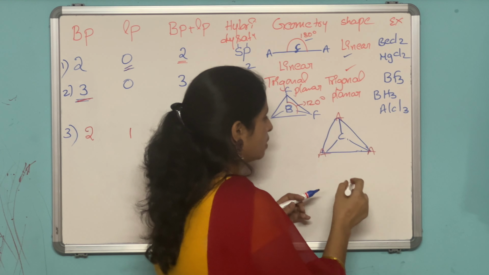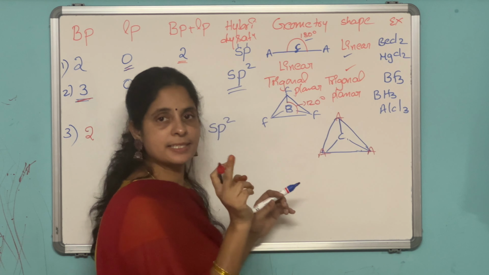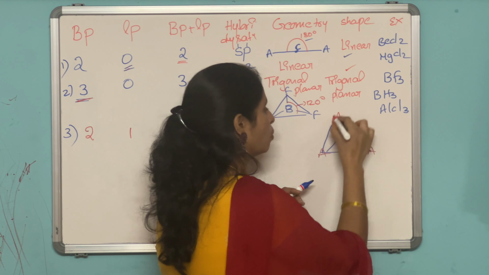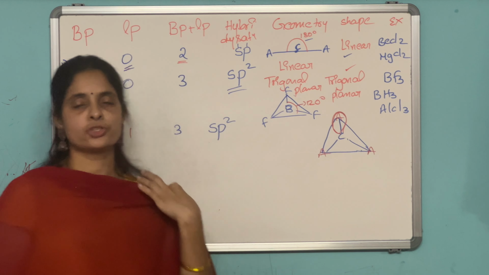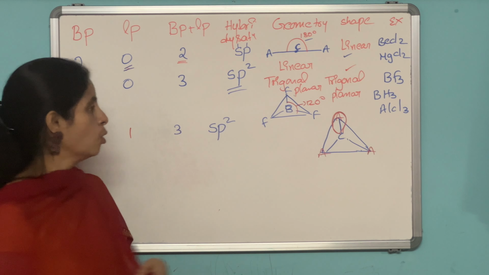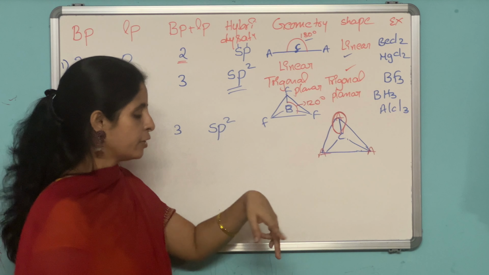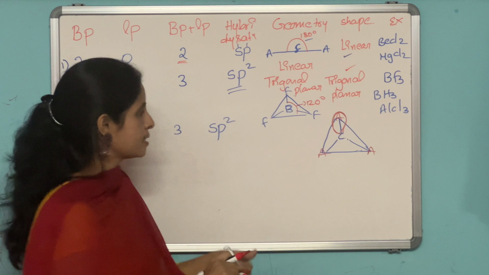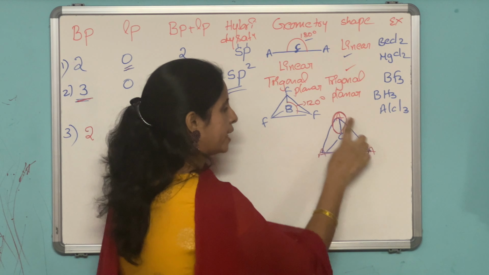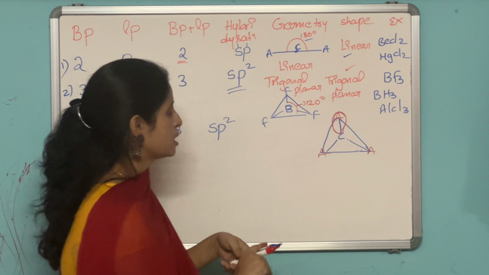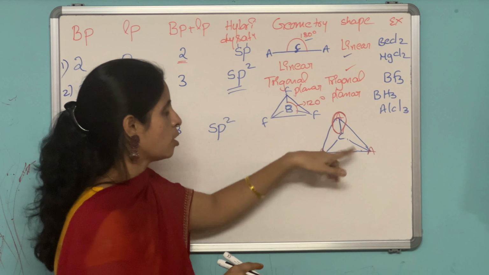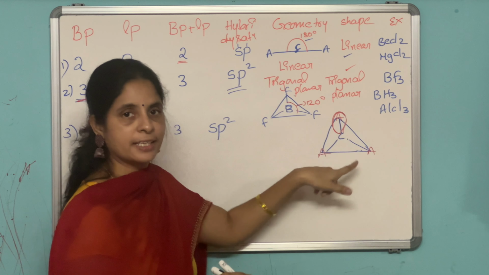Now, one lone pair is there. You keep that lone pair above this. And now, you should not consider the lone pair. If you assume it as what I have written, it is in the plane of paper. You just assume the lone pair is present on the top of the central atom.